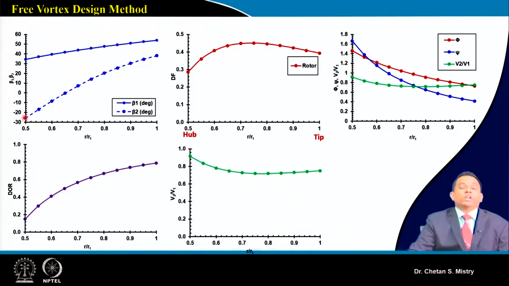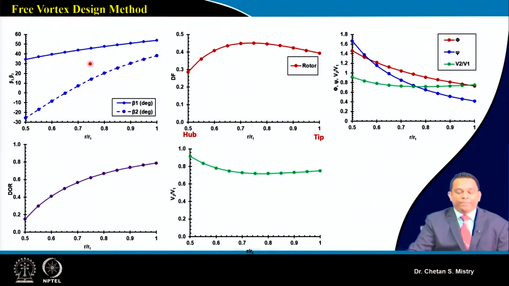But my beta 2 is a function of my Cw2, and that is the reason near the hub region my delta beta is large, and near the tip region my delta beta is reduced. This is representing the twist of my blade. So with this free vortex design, we have a highly twisted blade.